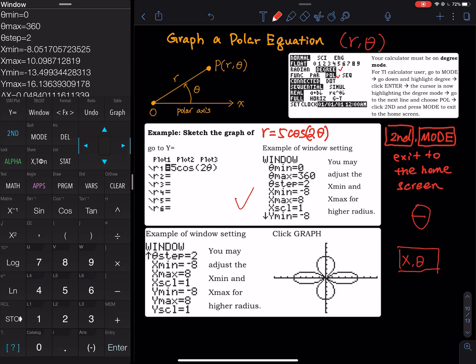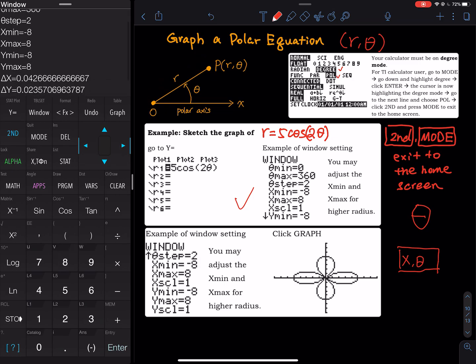The x minimum I will be using -8, and the x maximum I will be using 8, and the scale, leave that at 1. The y minimum I will use -8, and the y maximum I will use 8. On my calculator I cannot change the rest, but as long as you have this setting, you will be fine.